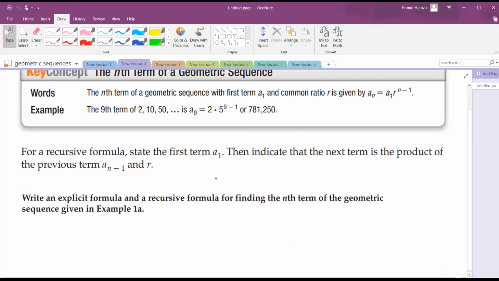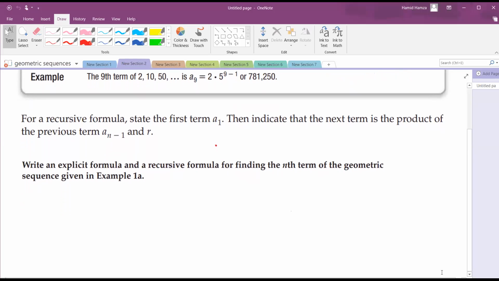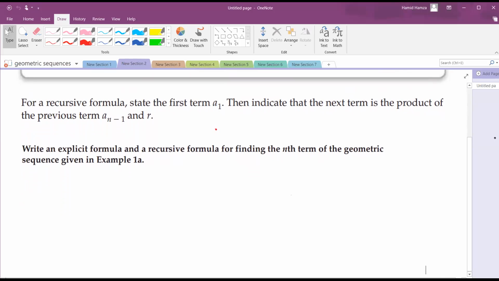Also, before we start to solve the question, I wanted to show you how to write any term in a shortcut way. For example, A1, A2 is A1 R, and A3 will be A1 R power 2.